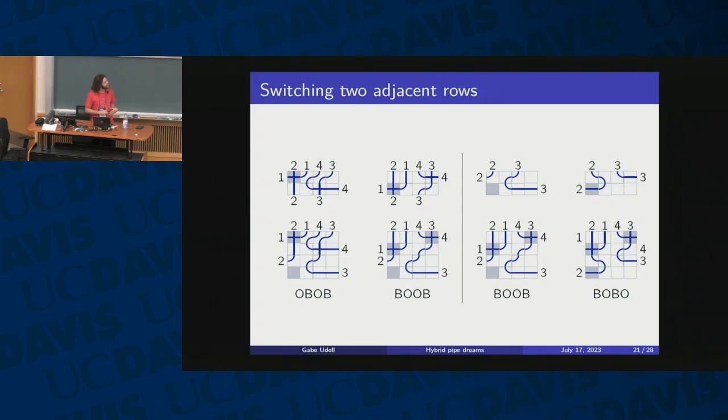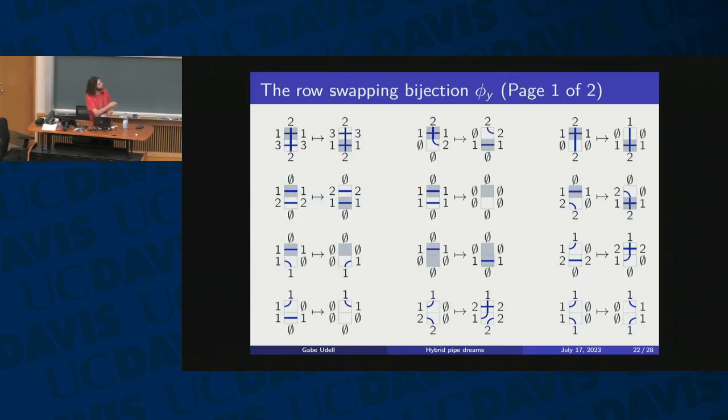I guess when the rules are described like this, it isn't necessarily clear that you don't have pipes crossing twice.